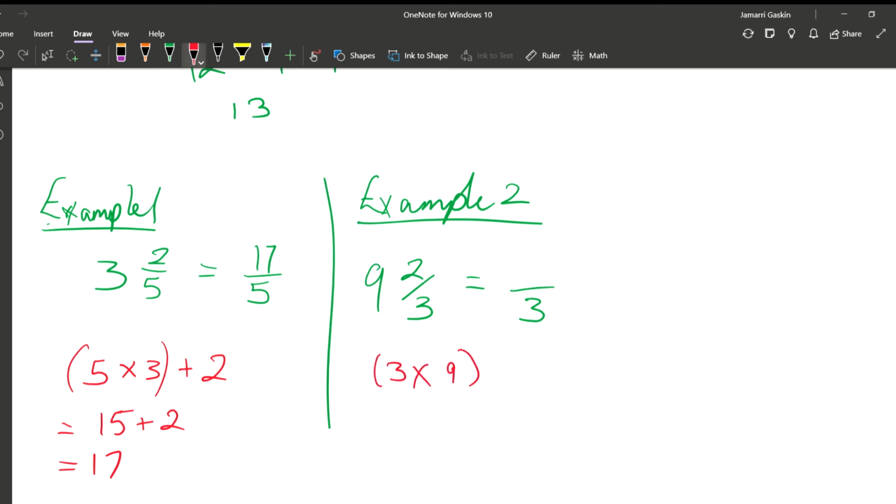And whatever answer you get from that, you add it to your numerator, which is 2. That gives us our numerator for our improper fraction. So 3 times 9 will give us 27, and we add 2 to that. That will give us 29. So our numerator is going to be 29, and our improper fraction is 29 over 3.